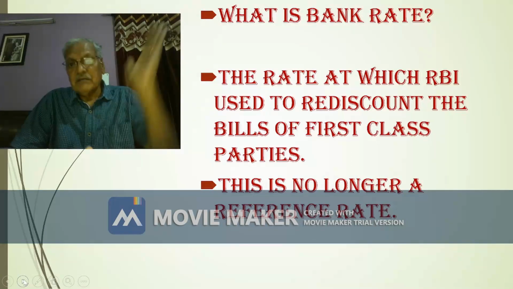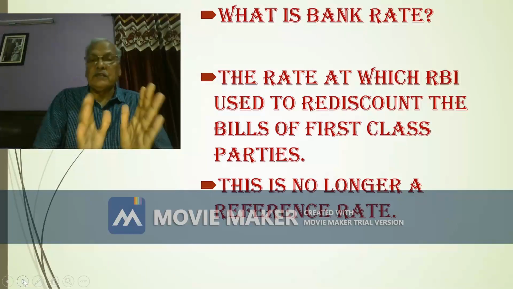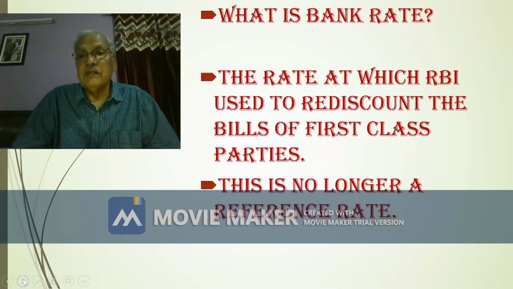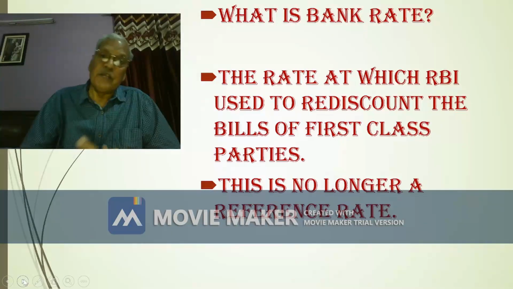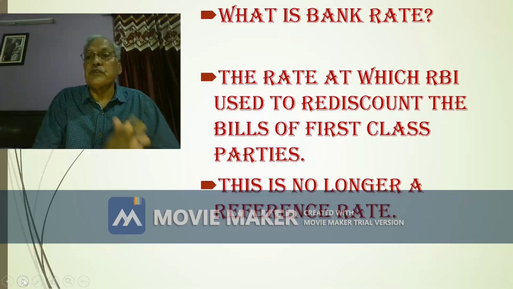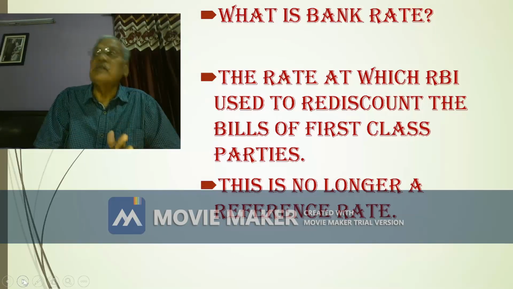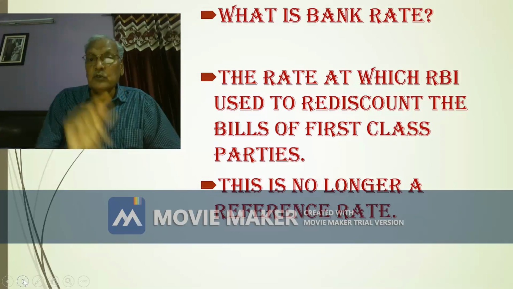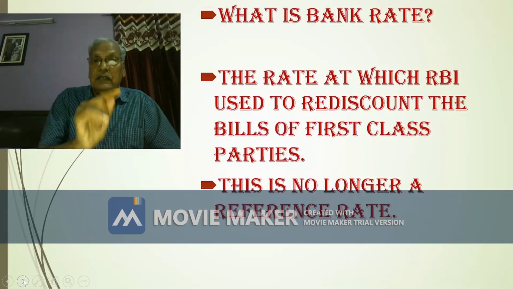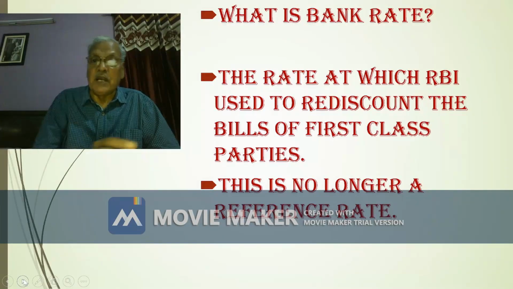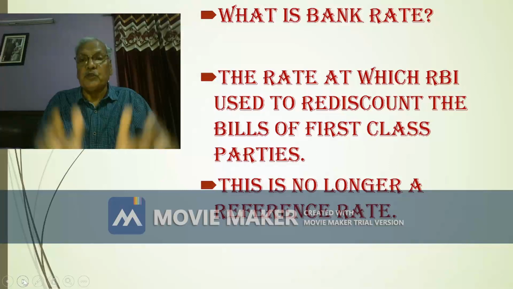This is no longer a reference rate, which I have already explained to you. Earlier, when the bank rate was a reference rate, a very important rate before the introduction of the repo rate, it was the rate at which RBI used to rediscount the bills of first class parties. And here first class parties include Reliance Industries, the Tatas, the companies of Birla Group, and all the blue chip companies.